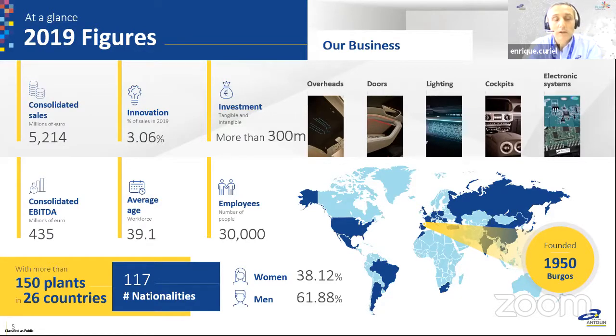Our long industrial tradition, extensive knowledge, and commitment to innovation and quality have made Grupo Antolin a key partner of the car manufacturers in the development of more technological, comfortable, and sustainable vehicles. Our products are nowadays present in the top 10 best-selling cars in the world.